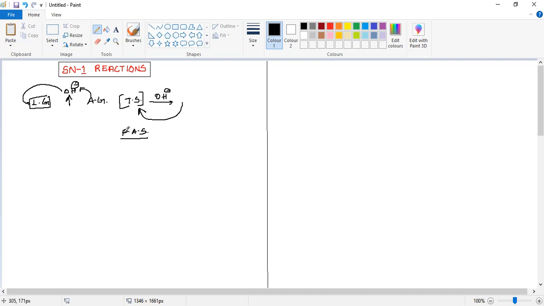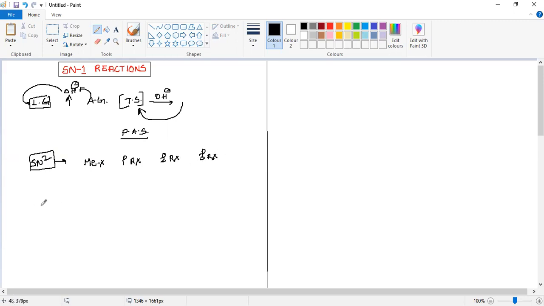But the main important topic for SN2 is the order of reactivity: methyl halide, primary alkyl halide, secondary alkyl halide, and tertiary alkyl halide.